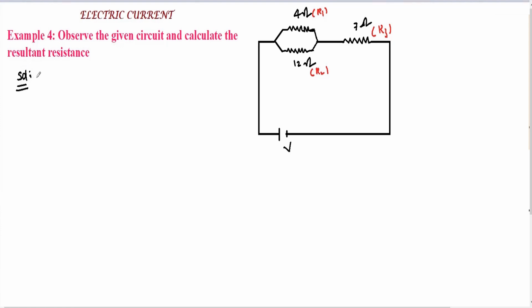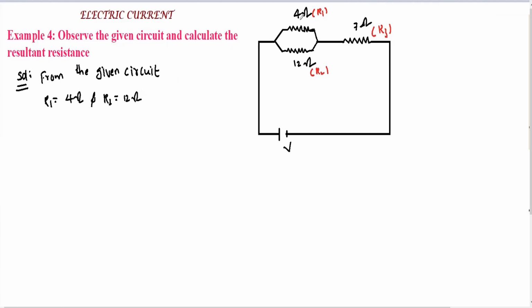How many resistors are here in the given circuit? What is given here? We have taken R1 equals 4 ohm and R2 equals 12 ohm.